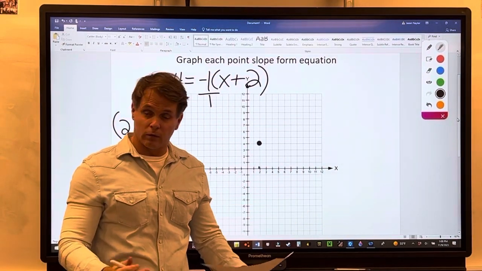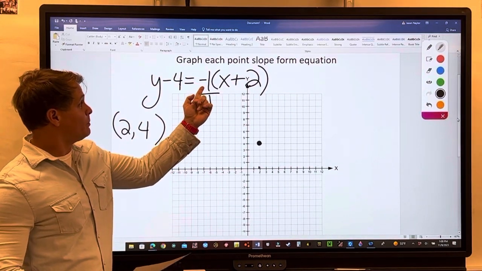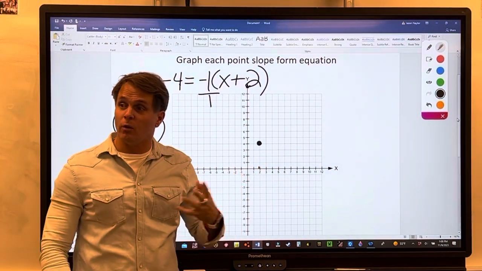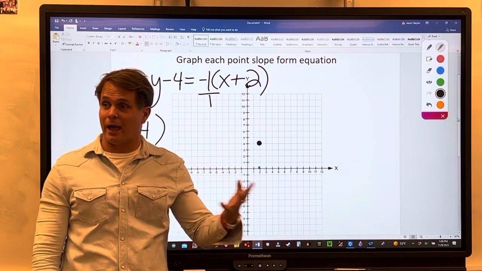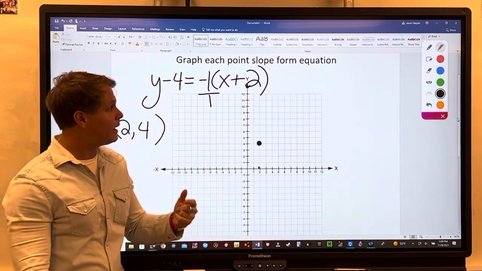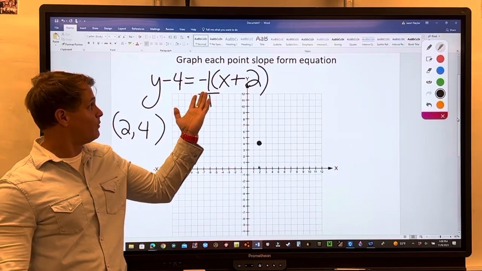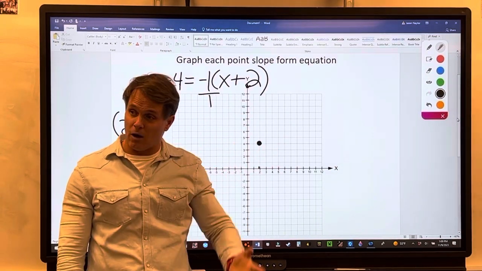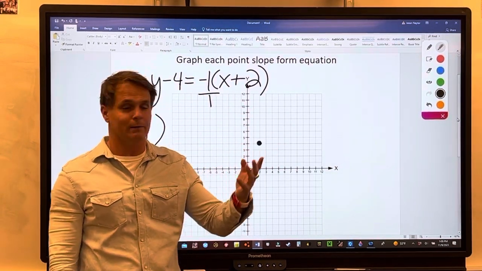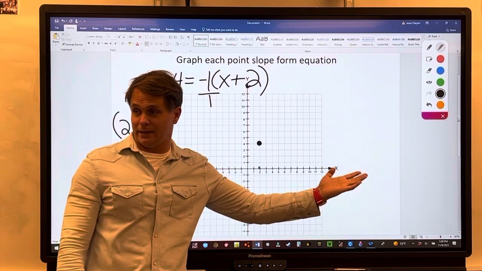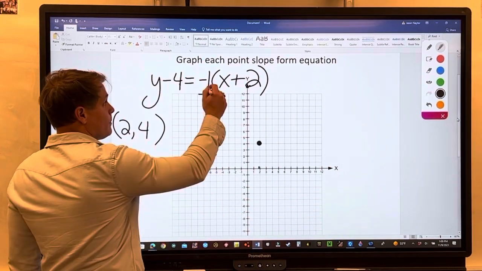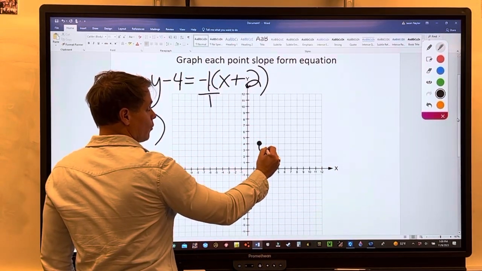Down. If there's a minus sign on a fraction, I always put the minus sign on the top. It helps me when I add and subtract fractions, and it helps me to graph slope. If there's a minus sign on the top, that means I go down. If there's no minus sign, I go up. But I'm always going to go to the right. So I'm going to go down 1 and then over 1 to the right.